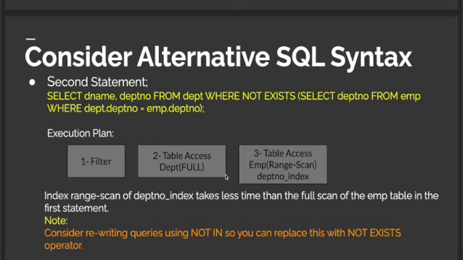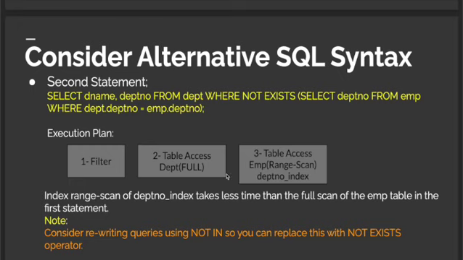The index range scan of the department number index takes less time than the full scan of the employee table in the first statement. Furthermore, the first query performs one full scan of the employee table for every department number in the department table. For these reasons, the second SQL statement is faster than the first.